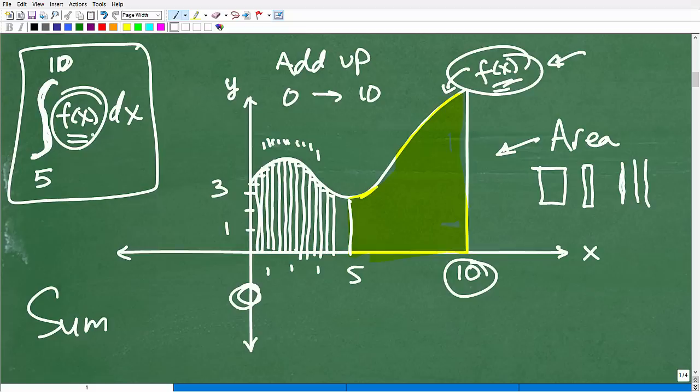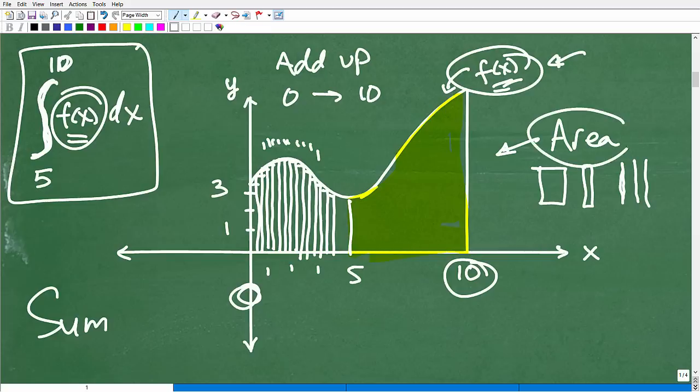Now, how we actually calculate this mathematically is a little bit more involved, not much more. If I wanted to make this video a little bit longer, I could teach you how we calculate this, but I just want you to understand the basic concept of calculus and this notation.